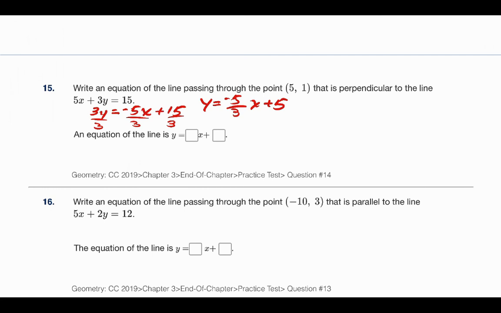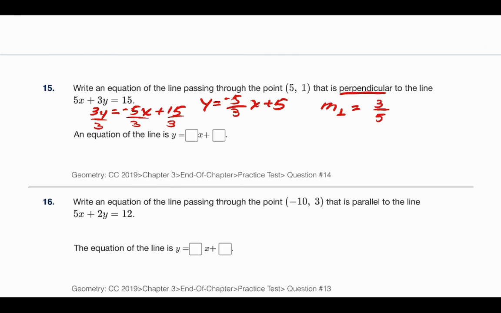Remember, if I'm looking at a line that is perpendicular to it, that means I'm going to take my negative 5/3, so my perpendicular slope, I'm going to flip it, so that will give us negative 3/5, but then I'm going to take the opposite sign of the negative, so it becomes 3/5.